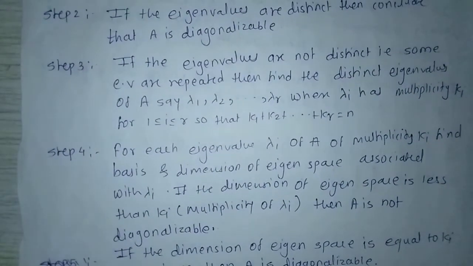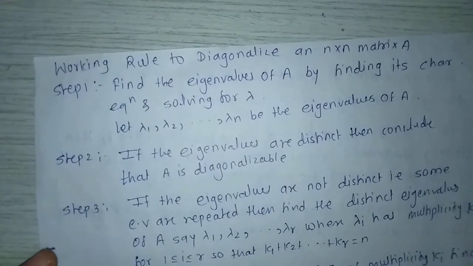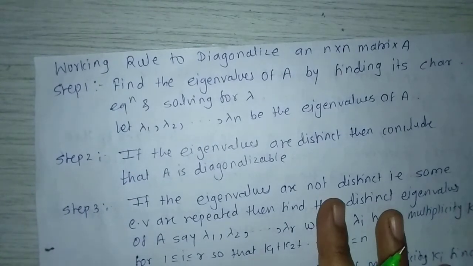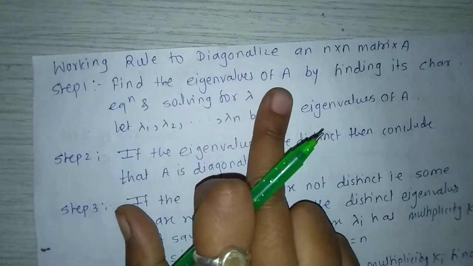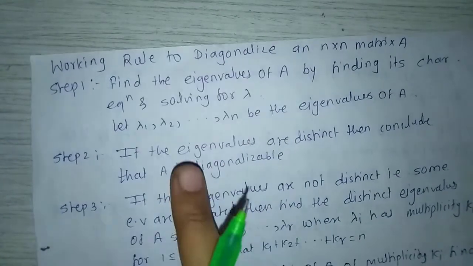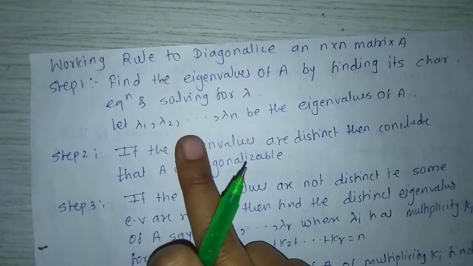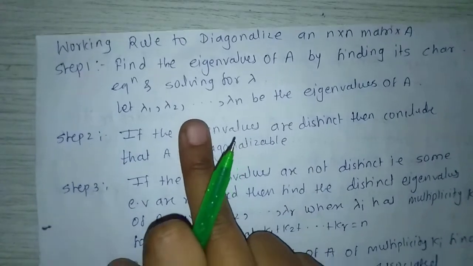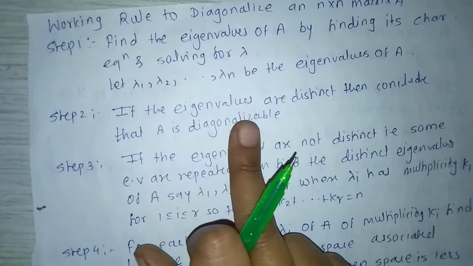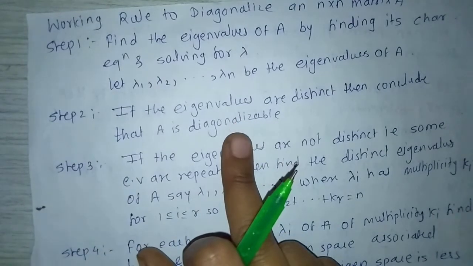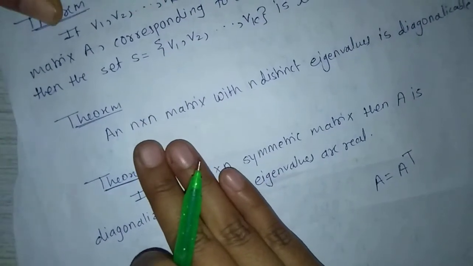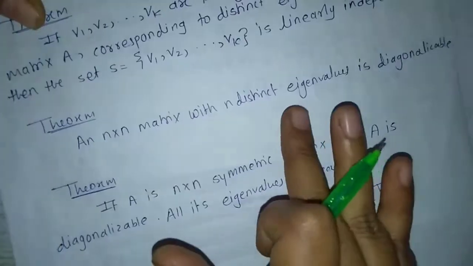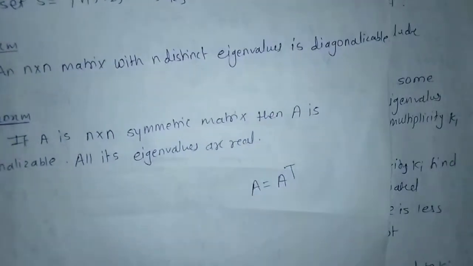Next, the working rule to diagonalize an n by n matrix A. Step 1, find the eigenvalues of A by finding its characteristic equation and solving for lambda. Let lambda 1, lambda 2 and so on lambda n be the eigenvalues of A. Step 2, if the eigenvalues are distinct, then conclude that A is diagonalizable, because in the earlier theorem we have seen the result: an n by n matrix with n distinct eigenvalues is diagonalizable.